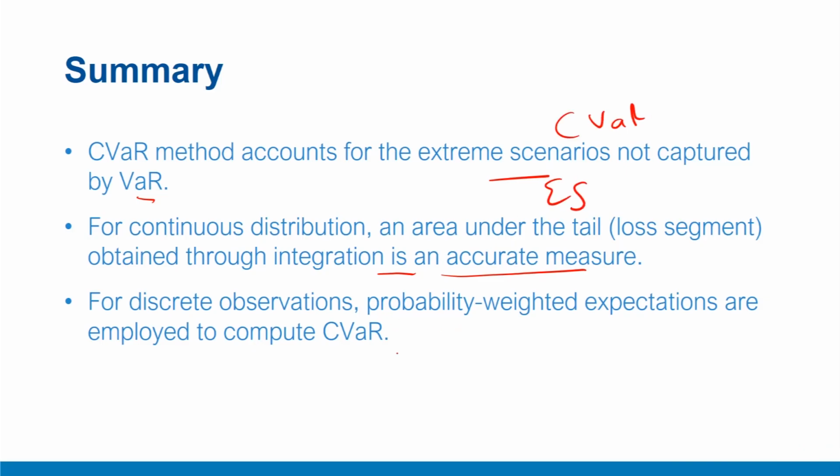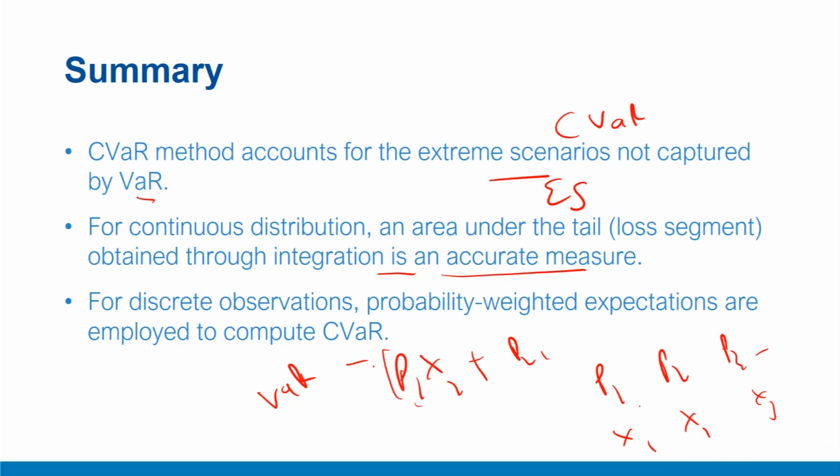For discrete observations also, we noted that probability weighted expectations like p1 x1 plus p2 x2 can be employed to compute CVaR. Given that the VaR level has been exceeded, the a priori probabilities of these extreme losses p1, p2, p3 and so on can be multiplied by these extreme loss events x1, x2, x3, and these probability weighted expectations are used to compute our conditional VaR.